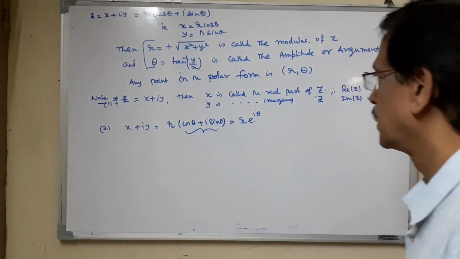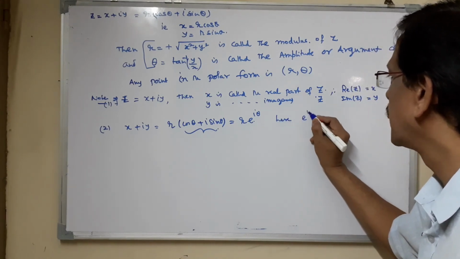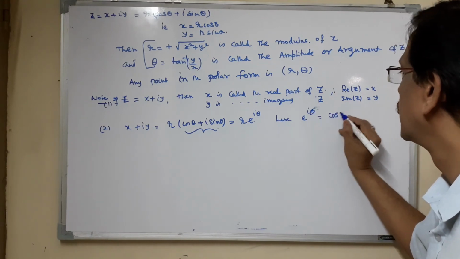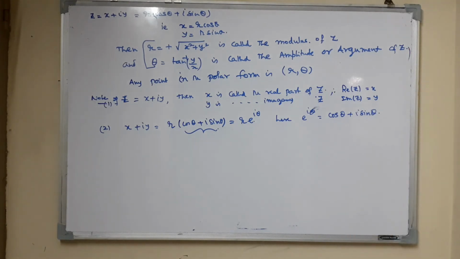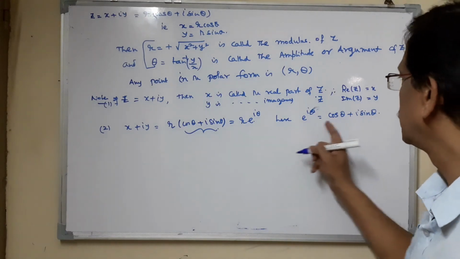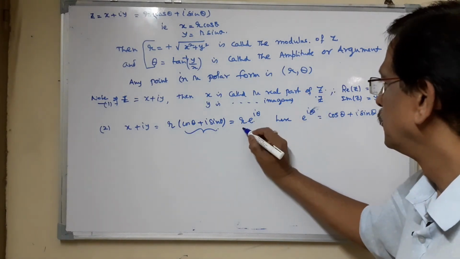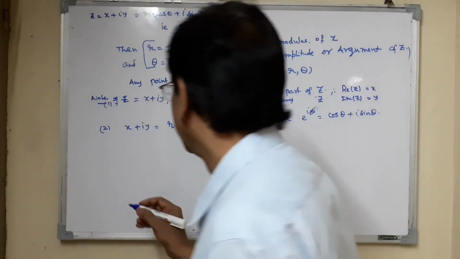This is what we know. e power i theta is cos theta plus i sin theta. So the exponential representation of a complex number: e power i theta is cos theta plus i sin theta. If r is there, you will write r e power i theta.